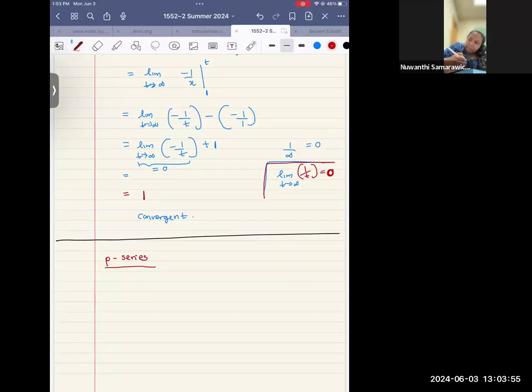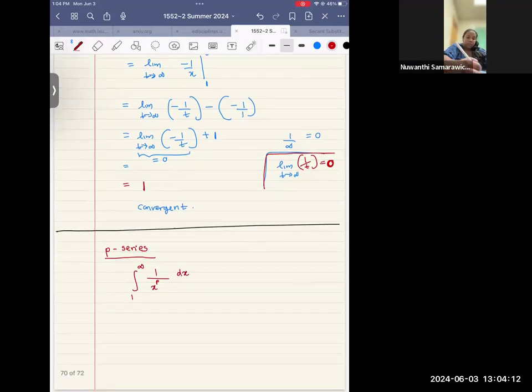If you have to find the integral from 1 to infinity of x to the power p dx, if p is greater than 1, this integral is always convergent.